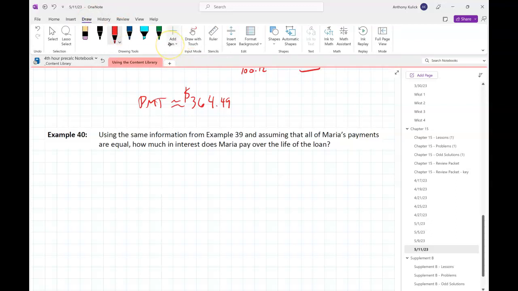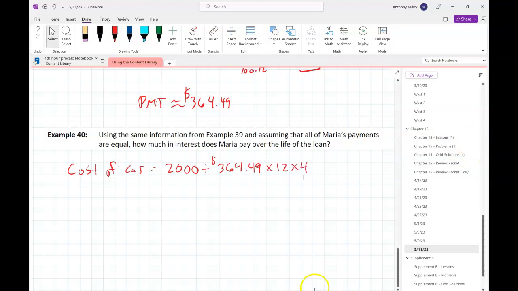All right, so the next question that should come up is, okay, that's what I'm paying every month. How much did I end up paying for that car in totality? So what did I end up paying for the car? Well, I put $2,000 down that I paid right away, and then I paid $364.49 every month for 4 years.